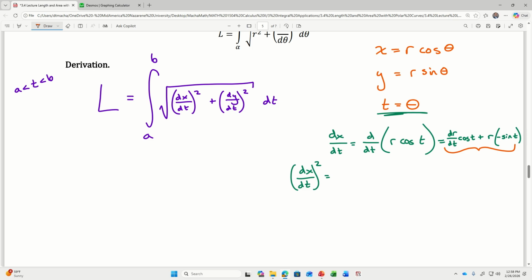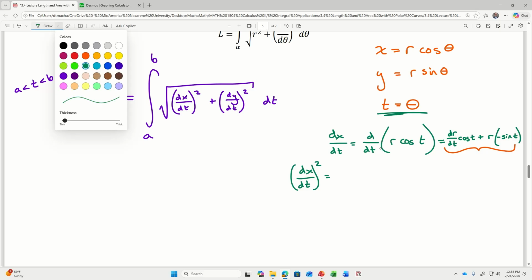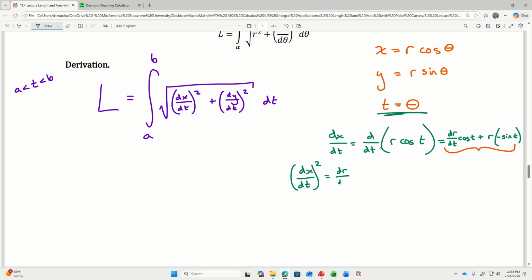And squaring an expression with two terms means you FOIL it, you get this first term times itself. So we have dr dt squared times cosine squared. And then we have the last term squared, which would be r squared times negative sine squared, and the negative goes away.